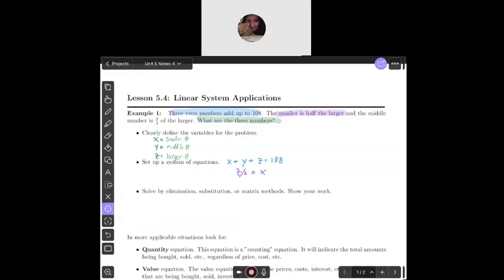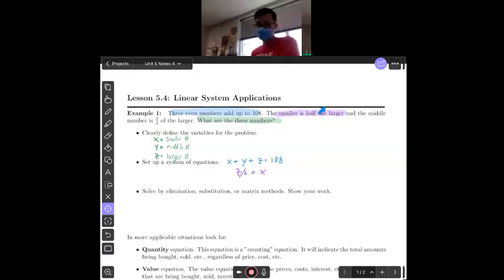Okay, so Maddie's saying the smaller number is half the larger number, so she just took half of the larger number. But you could also multiply the smaller number by 2 if you wanted. That would be the same. Okay. You guys agree with that? Z divided by 2 equals X. Okay. All right, 2 down, 1 to go.